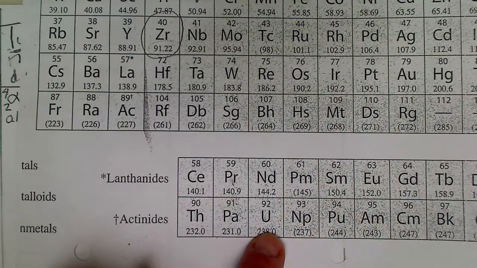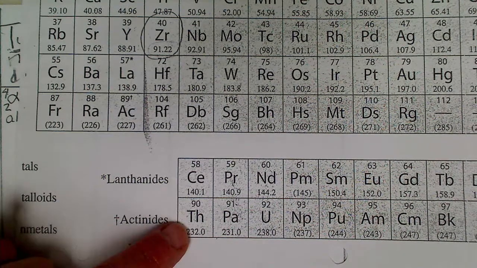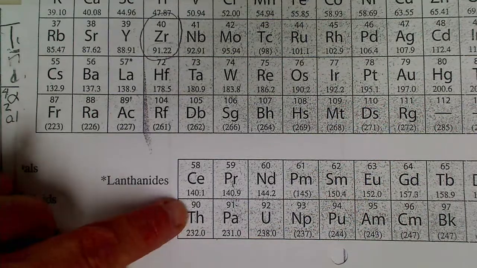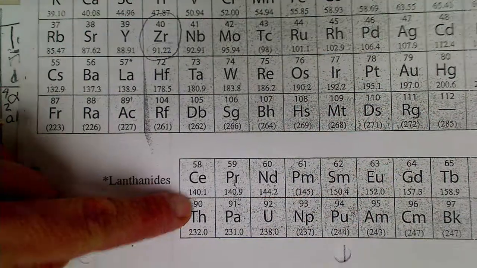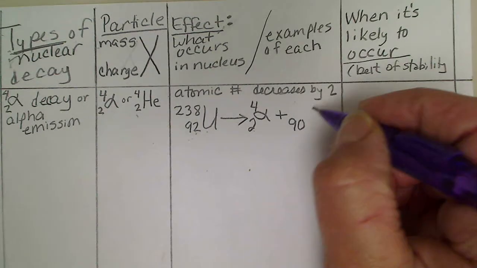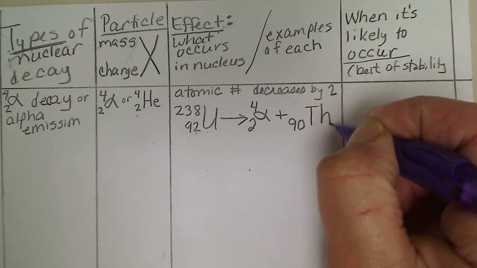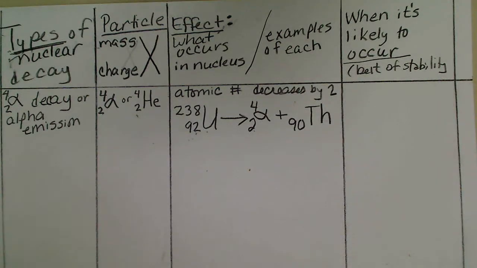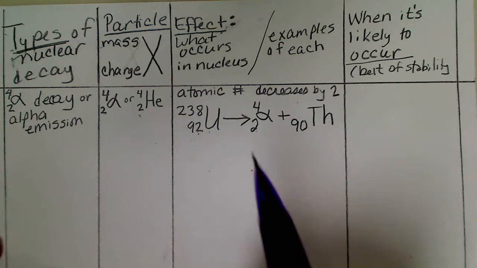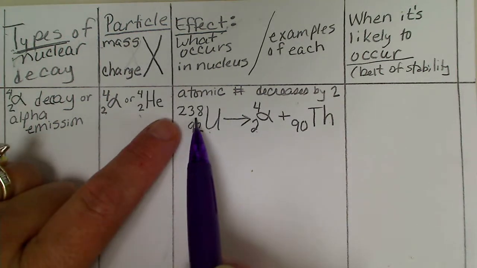So when uranium undergoes alpha emission, it turns into a thorium nucleus. Thorium is atom number 90. And then which particular isotope of thorium is created depends on the nucleus that underwent the decay.